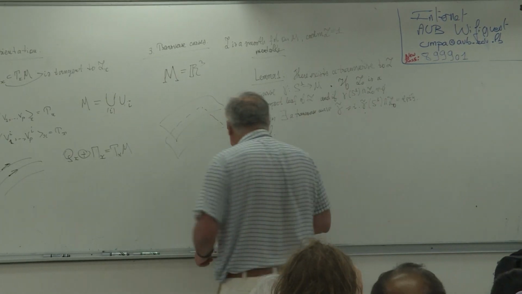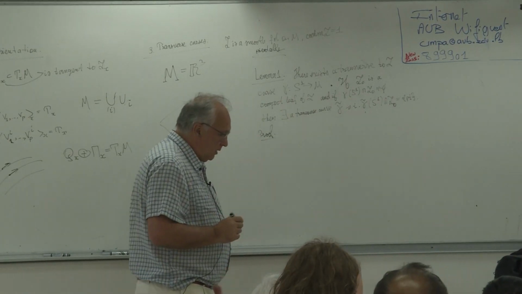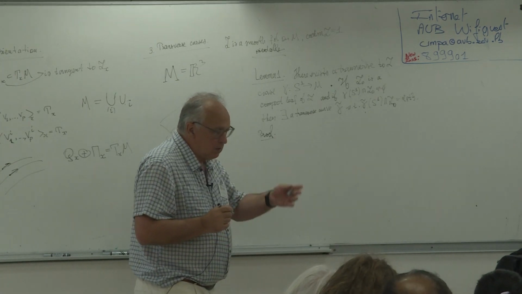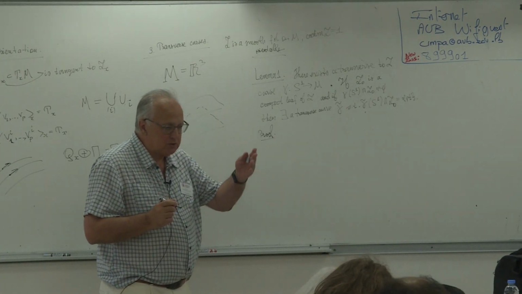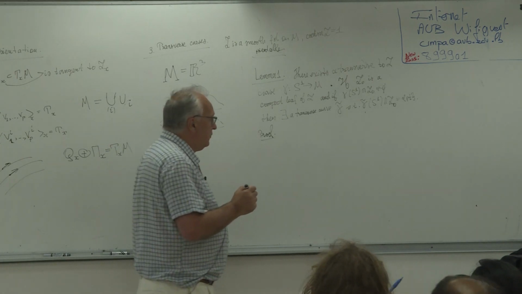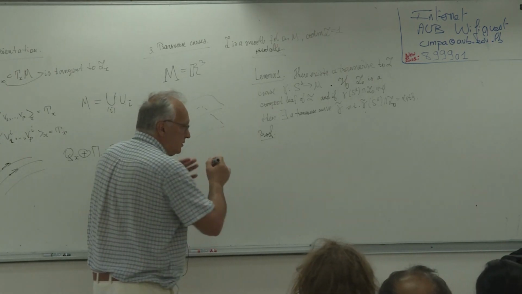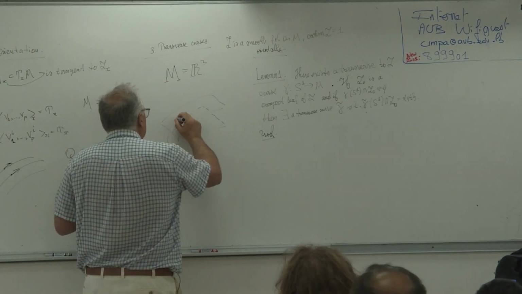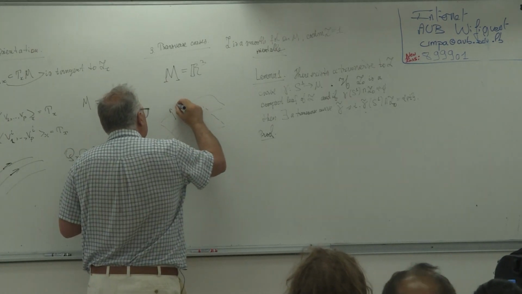A proof. So our foliation is transversely orientable. Therefore, we can find a transverse vector field.